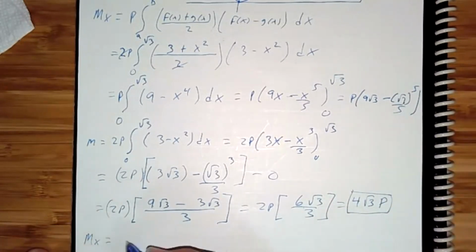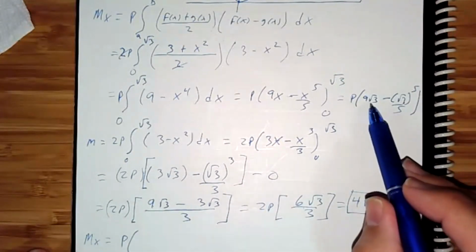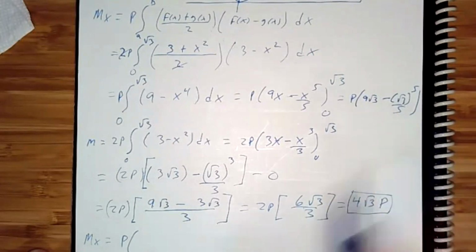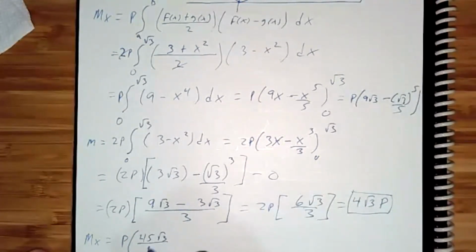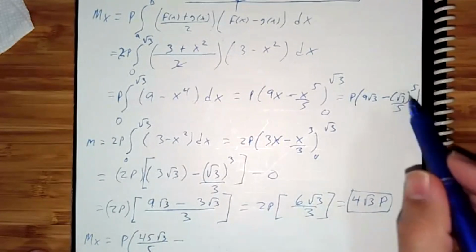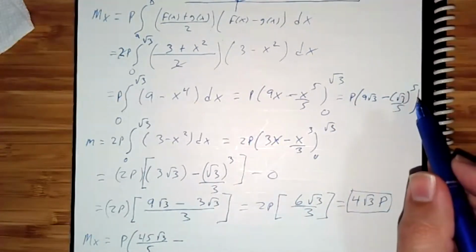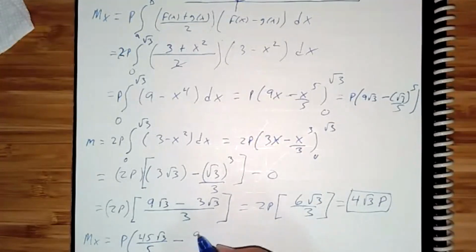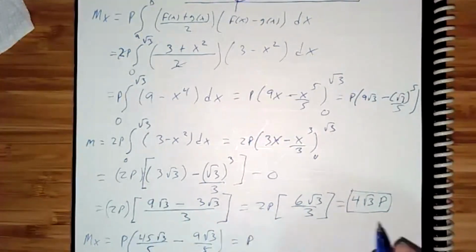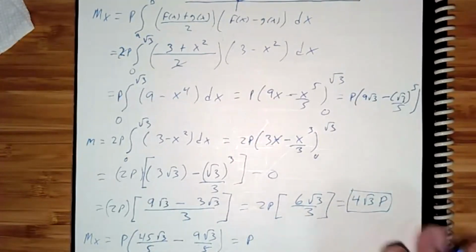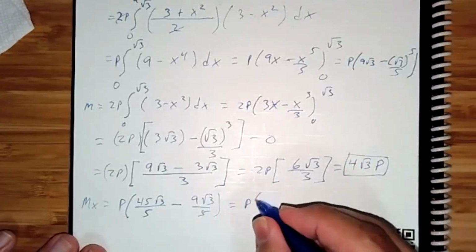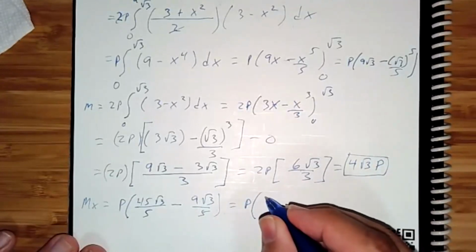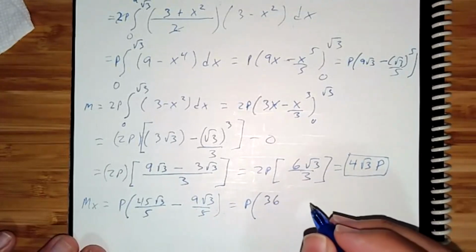Now same thing here. Mx is going to be rho times the same denominator, 5. So 5 over 5 would give me 45 root 3 over 5 minus root 3 times root 3 five times, that would be 9 root 3 over 5. 45 minus 9 is 36.